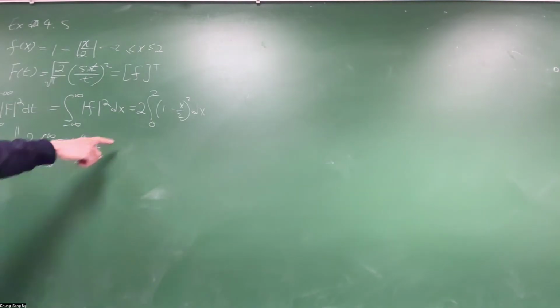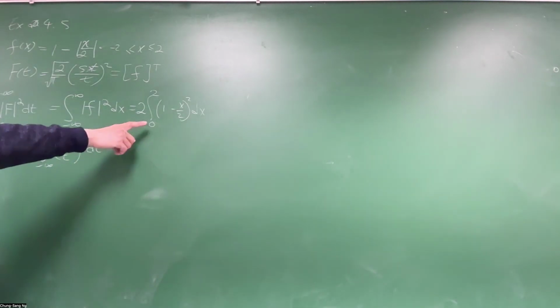So whatever that is, you divide by this factor, and that would be the answer. Is that okay? Did I answer your question? I mean, this is trivial. You just integrate it out and divide it by this factor. That should be your answer.